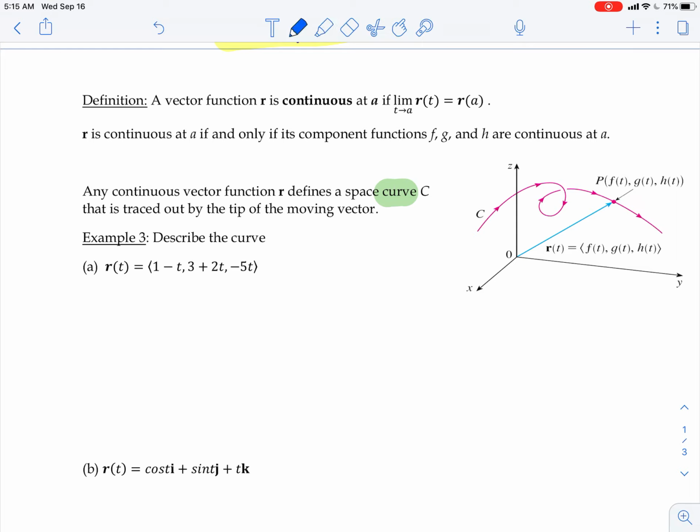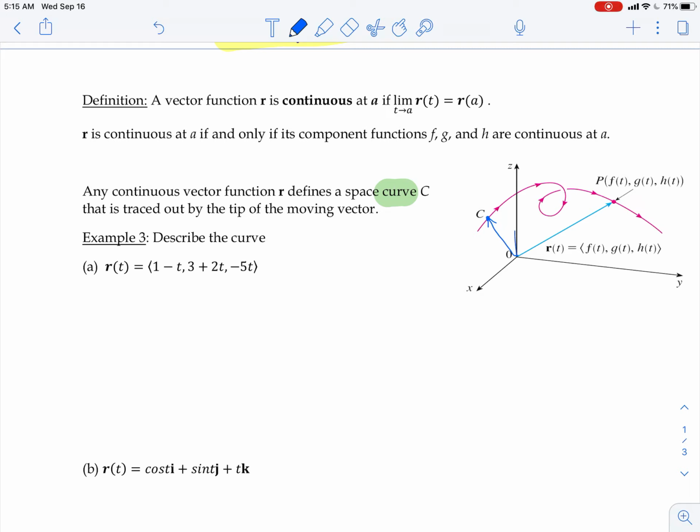It could be coming towards us, away from us. But it's going to go in a certain direction, and I'll tell you how you can always figure out that direction. Since we're using a function of t, it's a function of time. So usually we're going to start off with t equal to 0, and then move to increasing values. Our vector function is going from the origin.